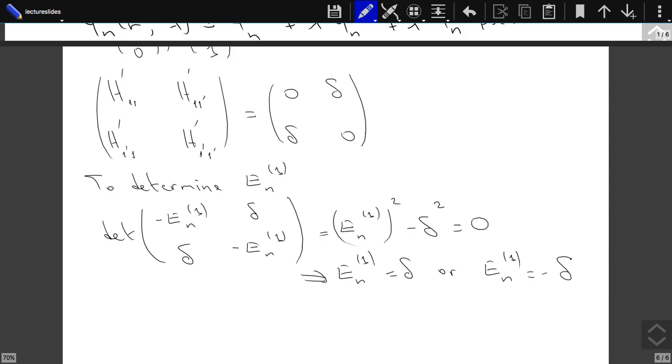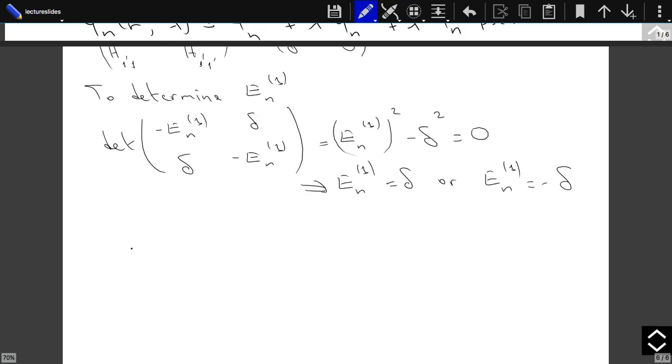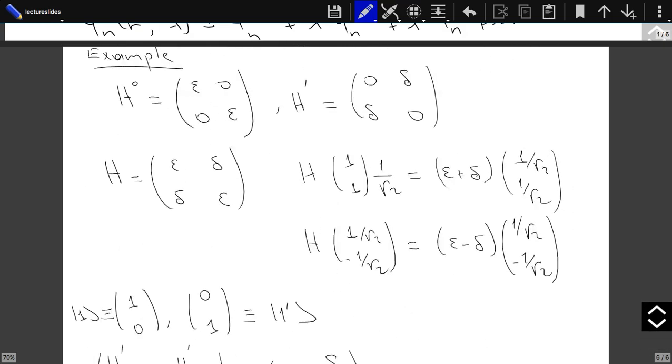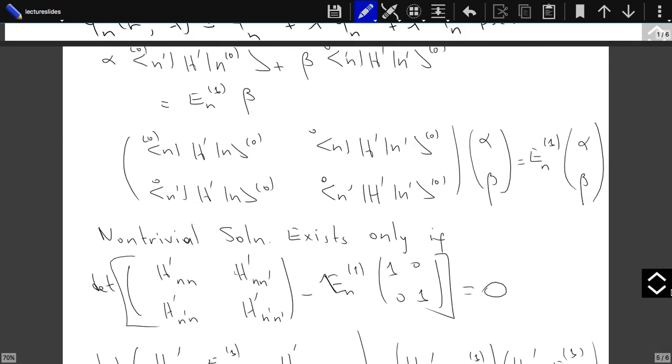Now let's determine alpha and beta. Once we determine the eigenvalues, alpha and beta should satisfy this equation: (0, delta; delta, 0). Here we had constructed the matrix of H' in our degenerate subspace. When this matrix acts on (alpha, beta), which is also a representation of our wave function, it should give me my eigenvalue times (alpha, beta).